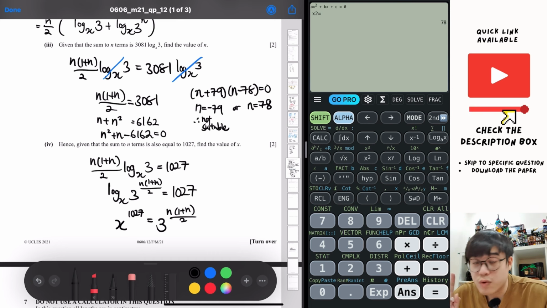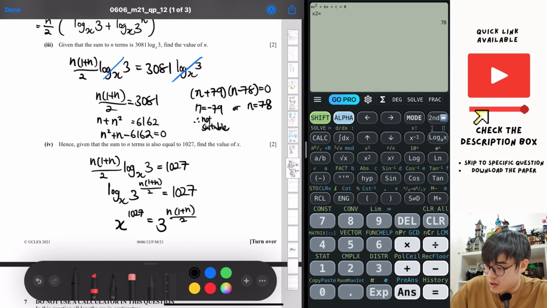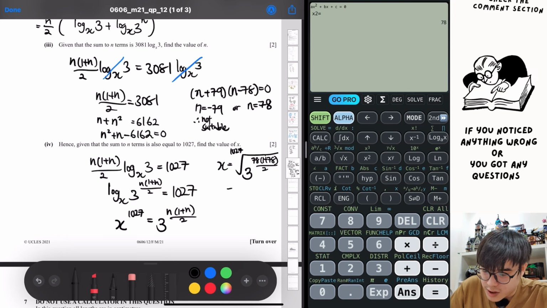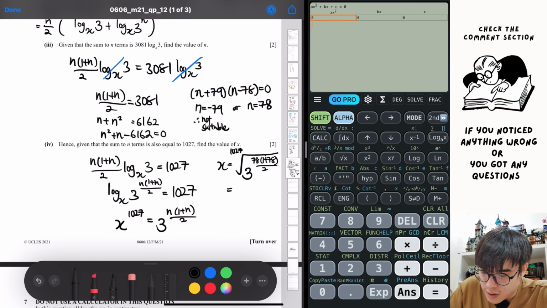Since we already know what our n is, when you sub in n, cube root of 1027, n was 3 to the power of 78(1 plus 78) over 2. So let's key this in accordingly.